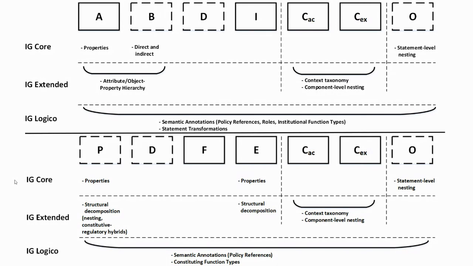So while the deontic is to some extent overlapping, of course, the properties, the constituted entity, and the aim and constituting function respectively are different from the corresponding elements on the regulatory side.